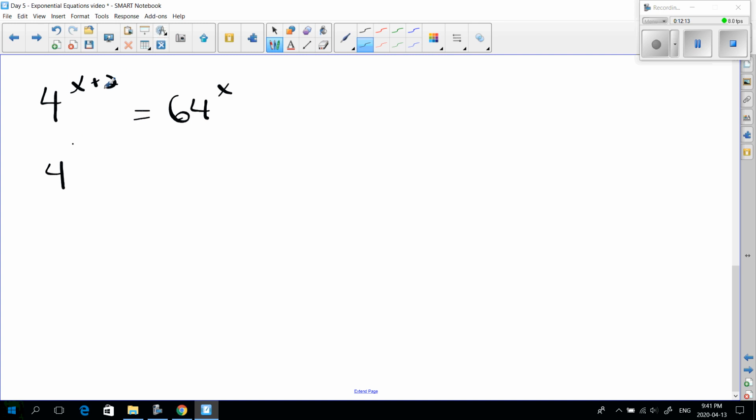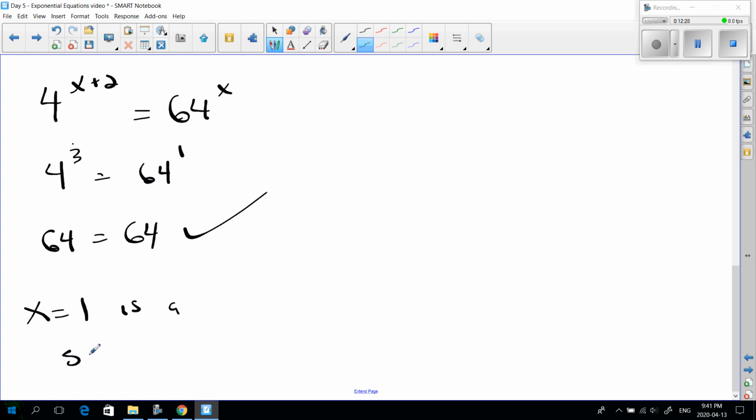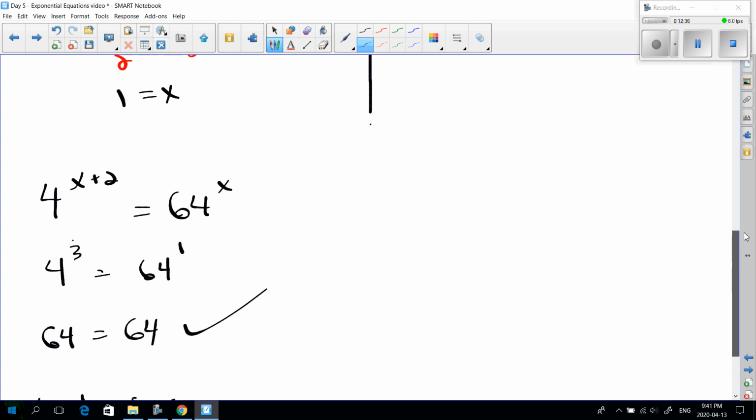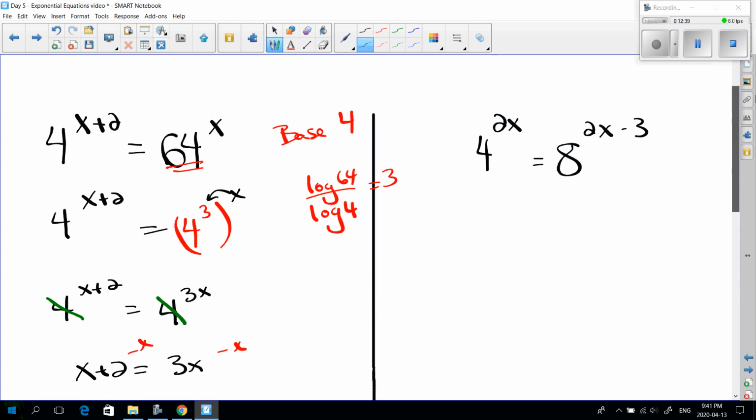So this would become 1 plus 2, that's 3. This is 64 to the first, or 64. All right, 4 cubed is 64. 64 to the first equals 64. That means x equals 1 is a solution. Don't forget to check your answers. They don't always work, as sometimes you get an extraneous solution, or something that is not a solution.